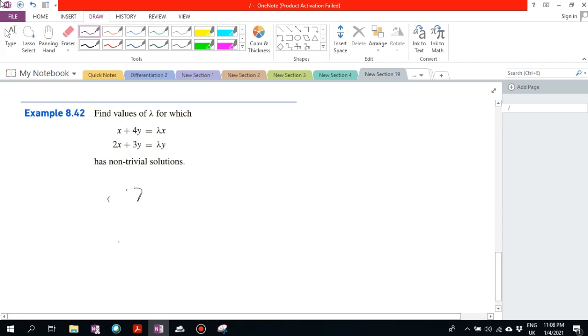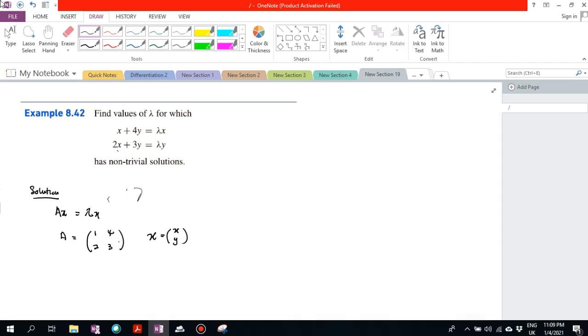In order to solve this, we mentioned previously that this form can be written as Ax equal to lambda x, where A is equal to 1, 4, 2, 3, and x is equal to x and y.